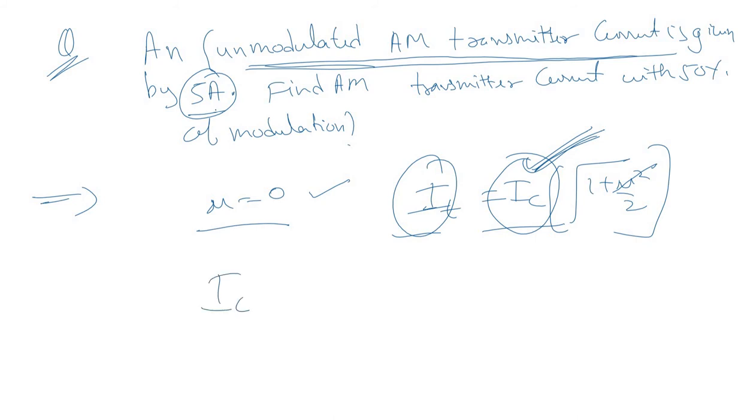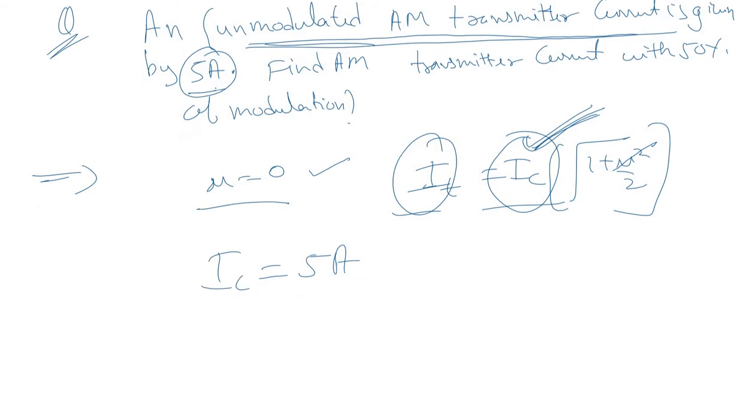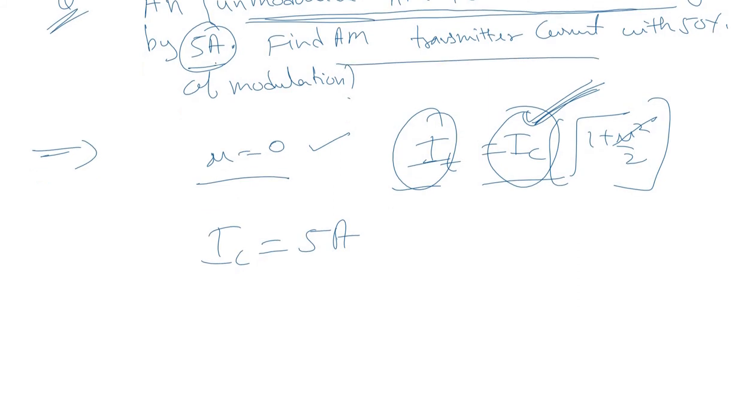So IC is given in the question, that is 5 amperes. And that will remain constant because the carrier signal is constant, so the current required to transmit that carrier signal will also be constant. Now we need to find the AM transmitter current when the modulation percentage is 50%.